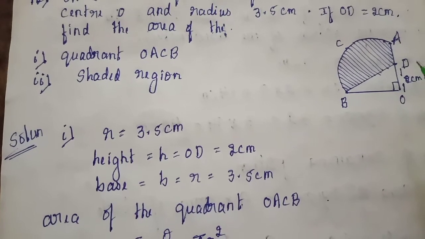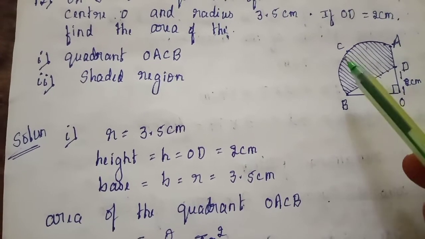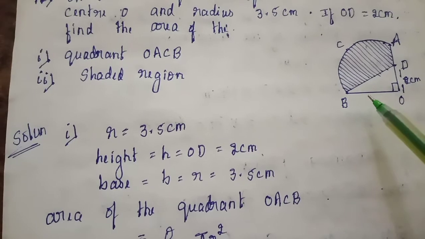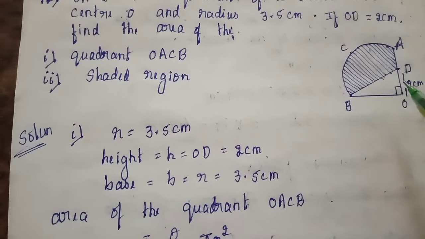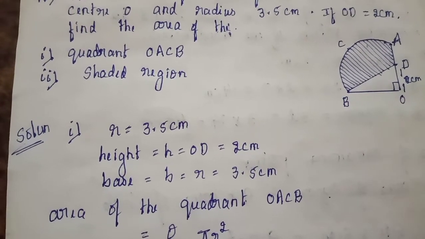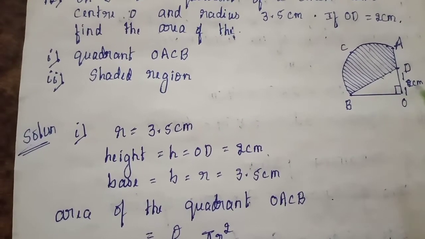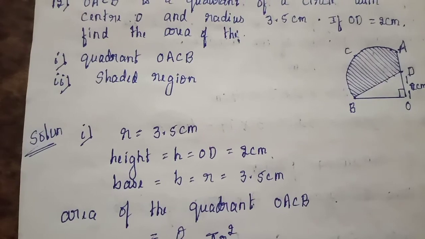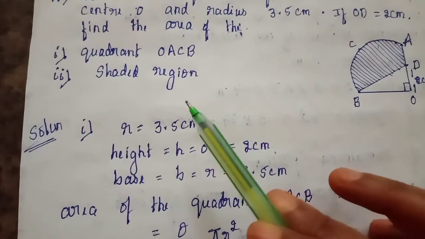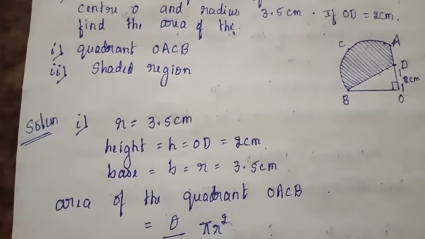Find the area of quadrant OACB. This is very simple. Area of quadrant is nothing but 1/4 of the circle, that is pi r square by 4, or else you can take theta by 360 into pi r square, where theta is 90. And also the shaded region. So let us start with the first sub question.